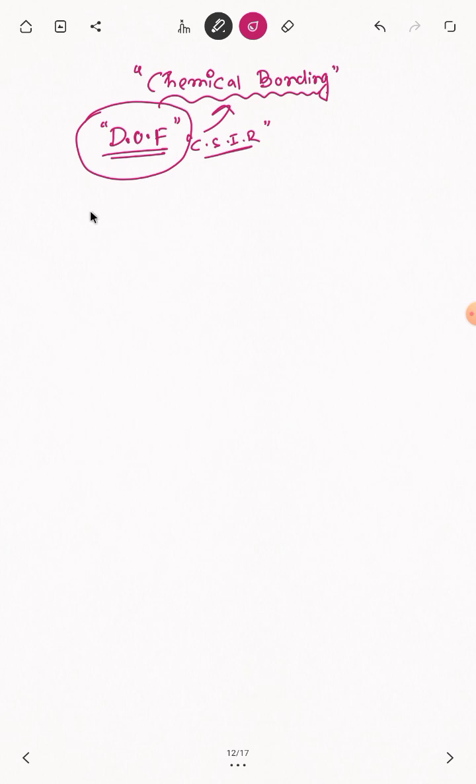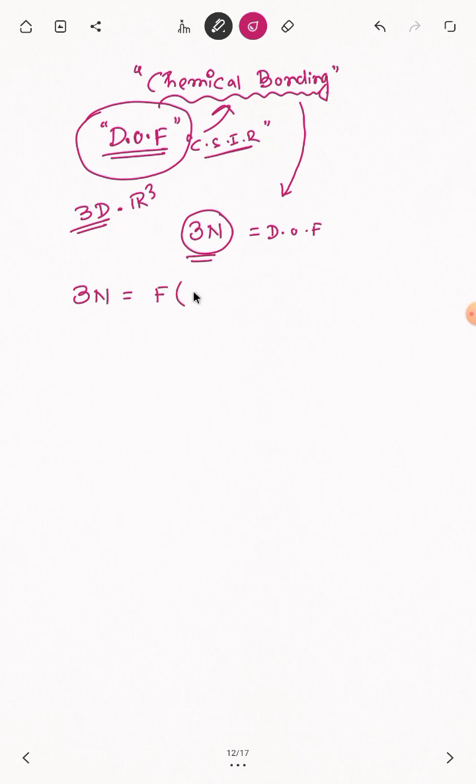We have seen in 3-dimensional Euclidean space R3, a free particle is always enjoying 3n DOF. In chemical bonding, this 3n is supposed to break in 3 parts. First part is degree of freedom due to translation. Second part, degree of freedom due to rotation. Third part, degree of freedom due to vibration.